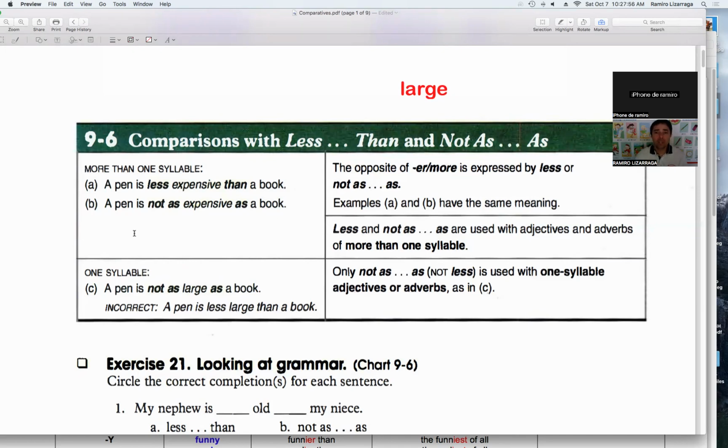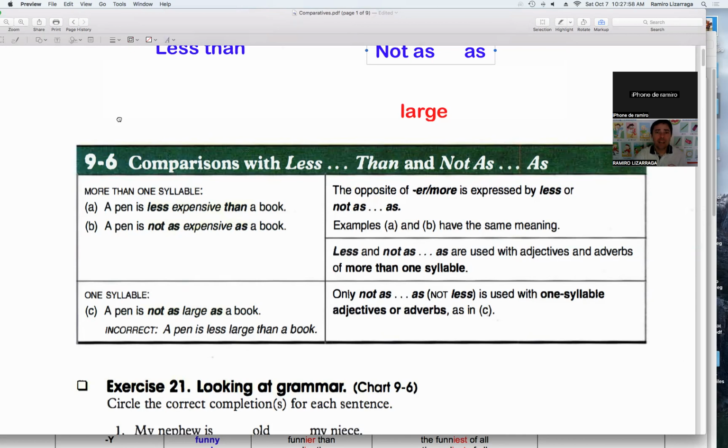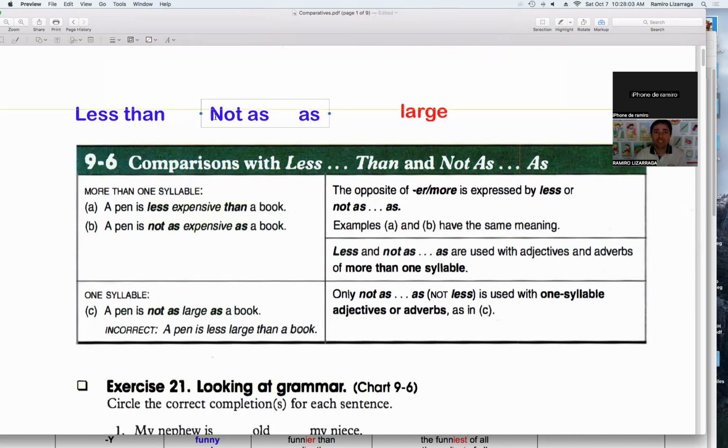We can either use less than or not as, no problem. You can either use less than or not as with words of two or more syllables, with more than two syllables.